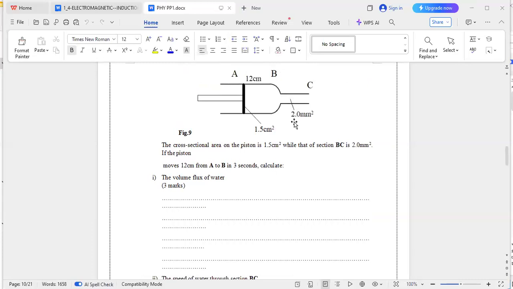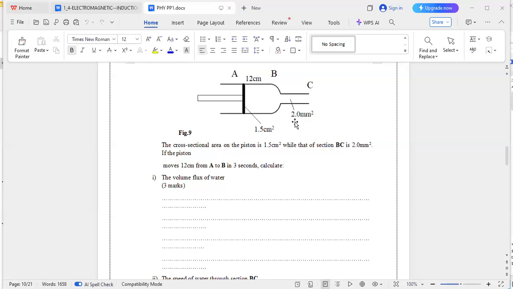Therefore, 1 million millimeters squared equals 1 meter squared. So we divide 2 by 10 raised to power 6, which is the same as 2 times 10 to the power negative 6, times V2.